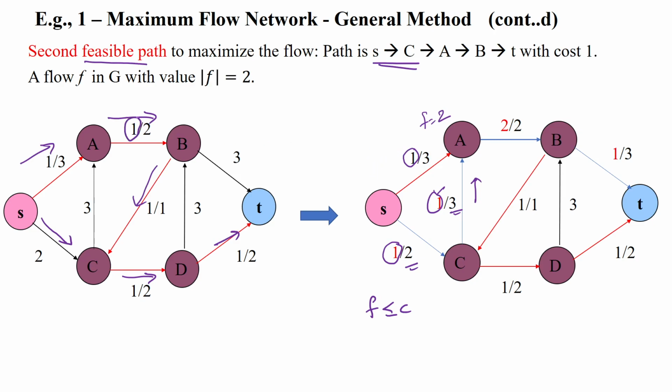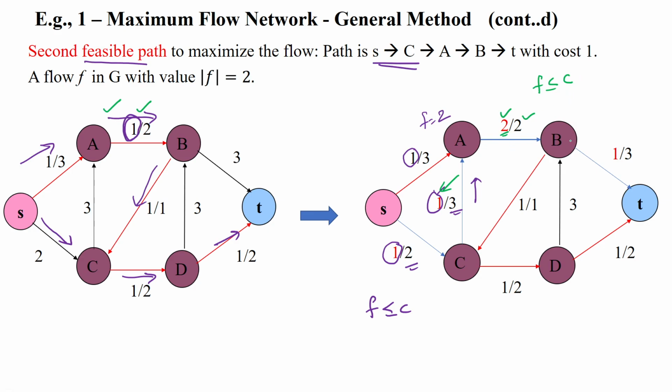So here outgoing flow, already we have received only 1 unit from this path. Now we are adding one more unit to the existing flow, so 1 plus 1 we are getting 2. And when you are adding that, you have to check f less than or equal to capacity. So here capacity is 2, flow also 2, which is also allowed, right?